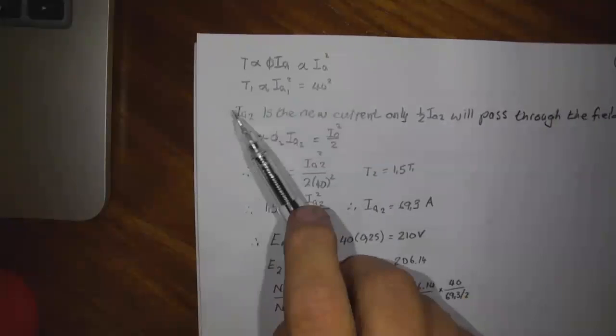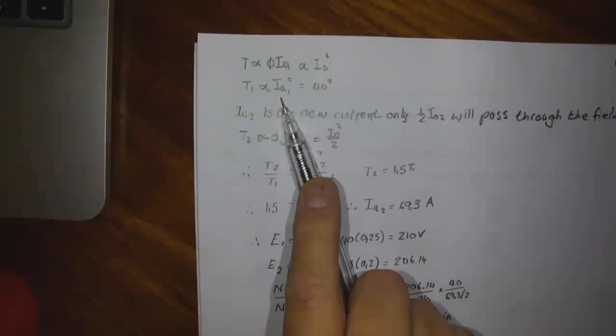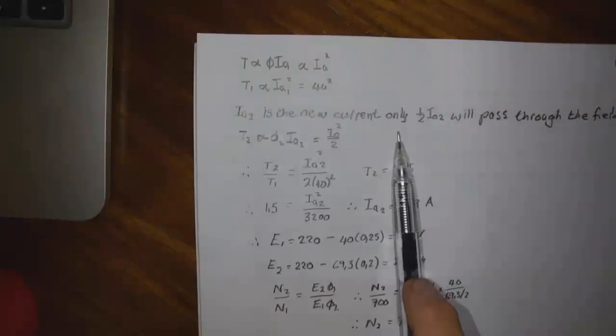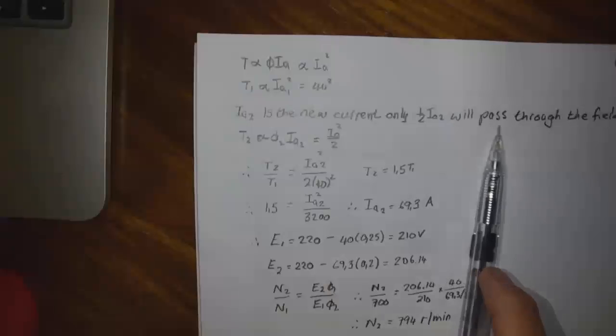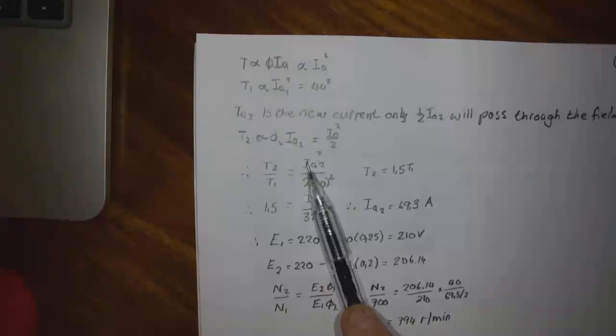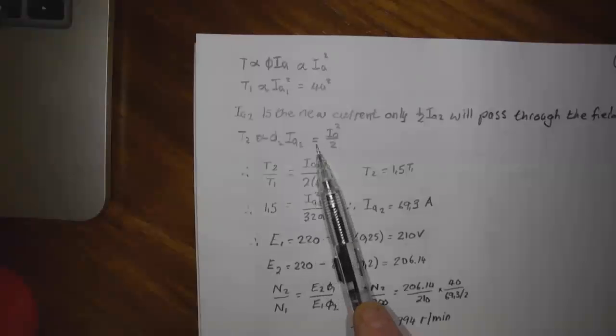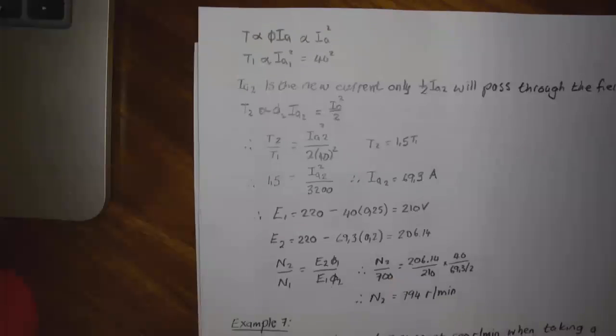So T1 is directly proportional to IA1, which is 40 squared. So IA2 is the new current, only half IA2 will pass through the field. Torque 2 is flux 2 IA2, which is IA2 squared over 2.